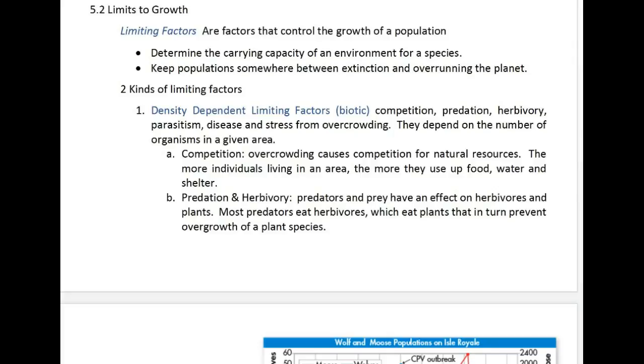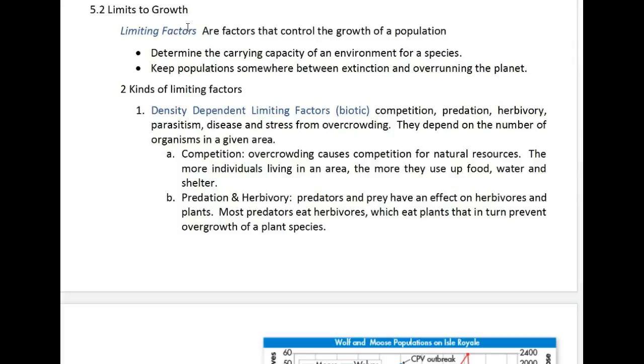Well, we're going to change that nutrient word to factors. We're going to have limiting factors because there's other things besides nutrients that are going to have an impact on the productivity of a population, of a group of individuals.